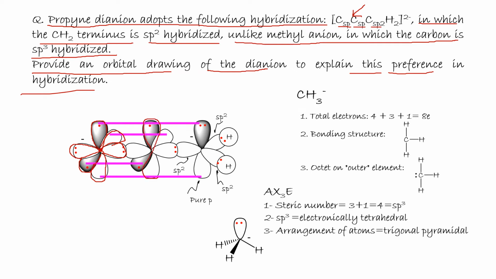This is 1, 2, and we have 2 sp orbitals. This p orbital has an electron, so we have here a pi bond side by side. And we have here pure p, 1 electron, so we have a pi bond.